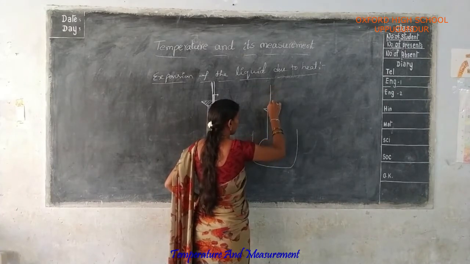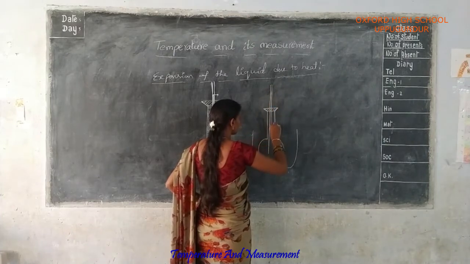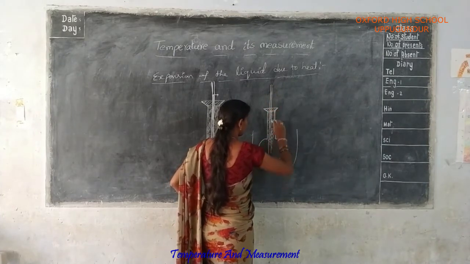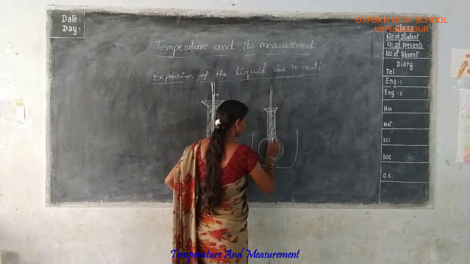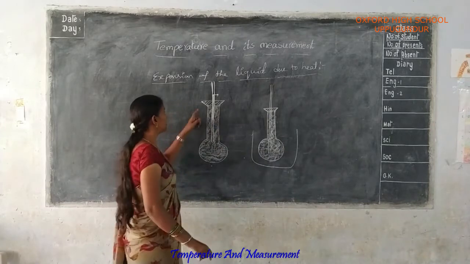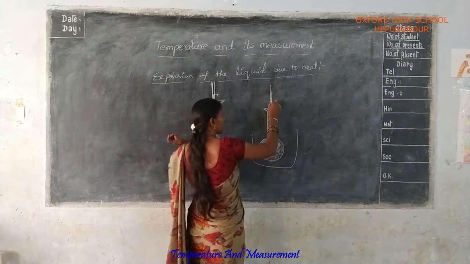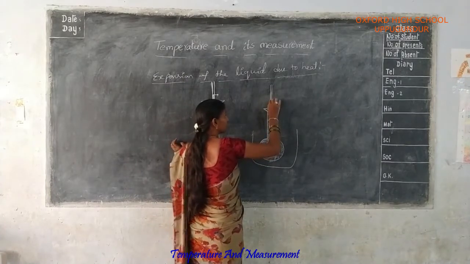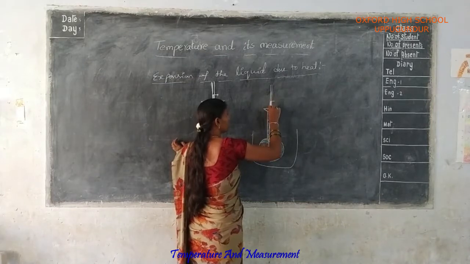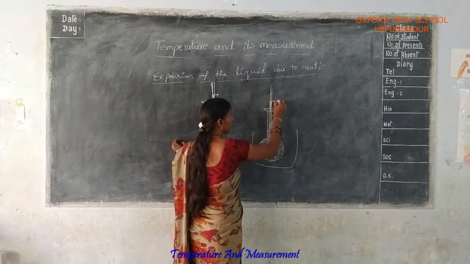This is the capillary tube. Okay, so this is the water level, the colored water. First, you identify the marker where the colored water is at the start. Okay, this is the first level.